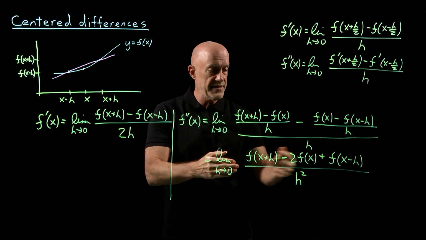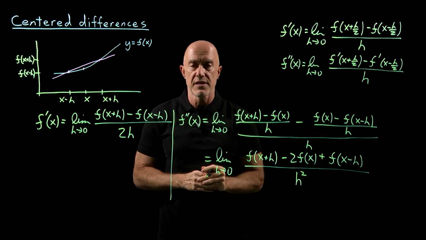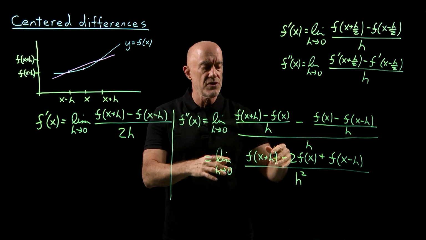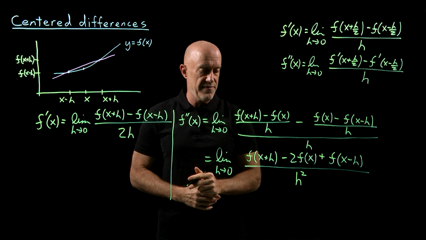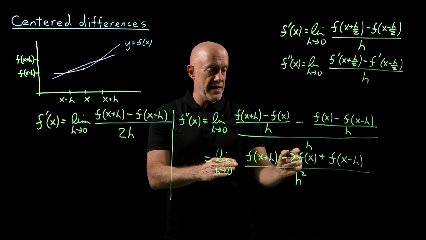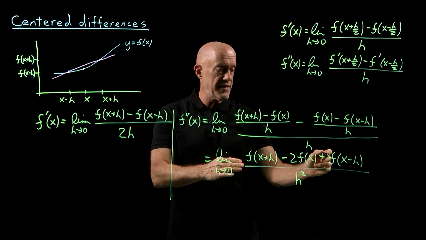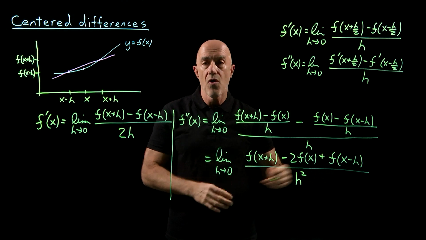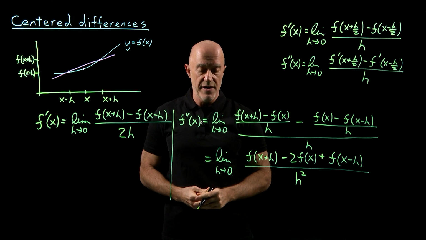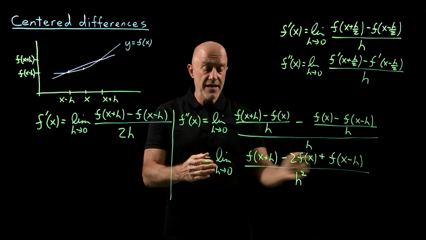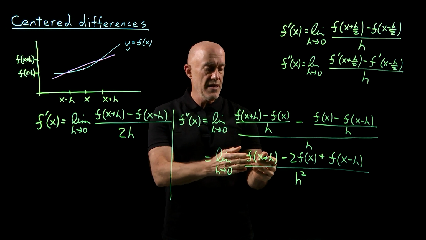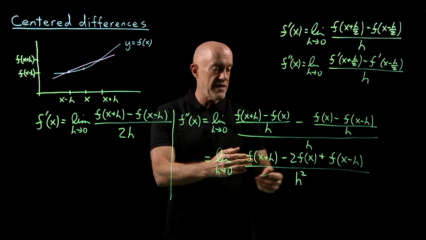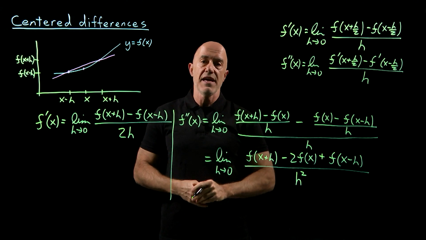And this is called the second difference approximation. This is called the centered difference approximation for the second derivative: f of x plus h minus 2f of x plus f of x minus h, all divided by h squared. It's exact in the limit h goes to 0, but if you're doing this numerically, then you would have some non-zero value of h.